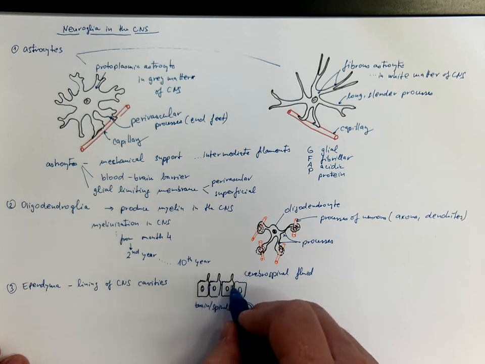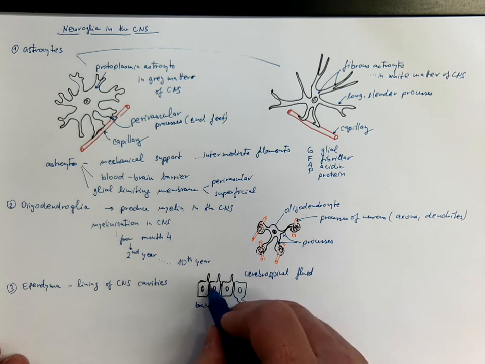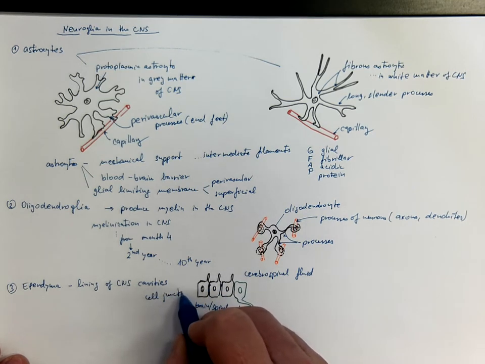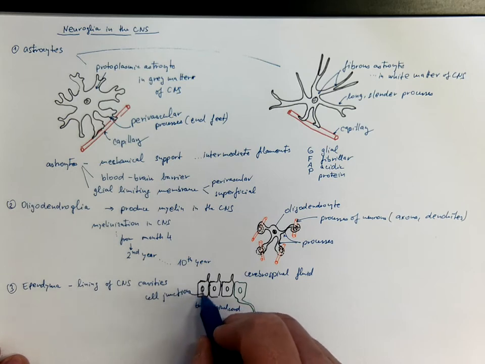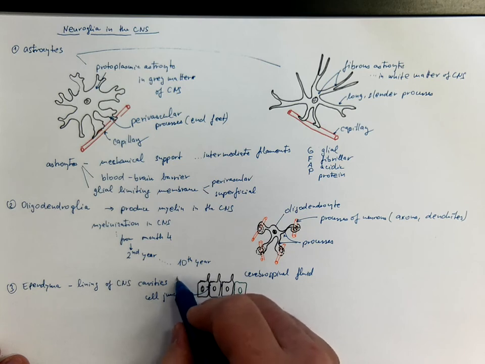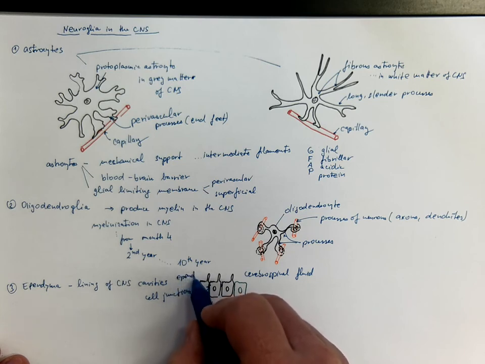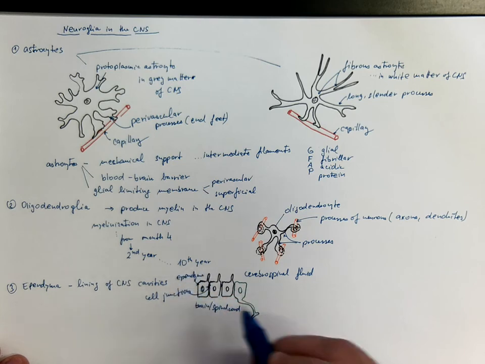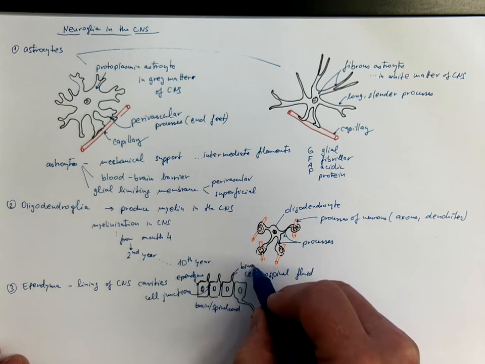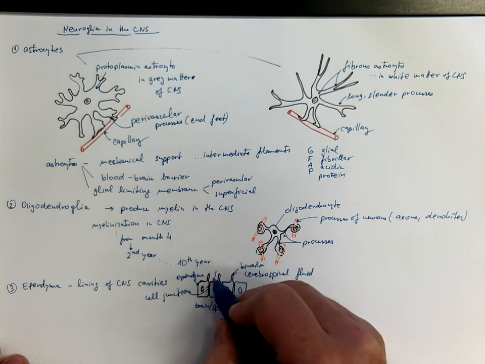We got the cell junctions sealing the spaces here between the ependyma cells. This is ependyma, that's kinocilia and microvilli.